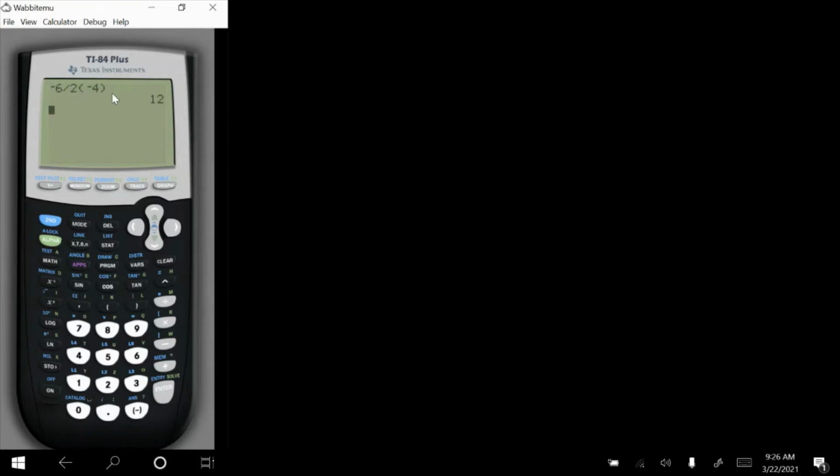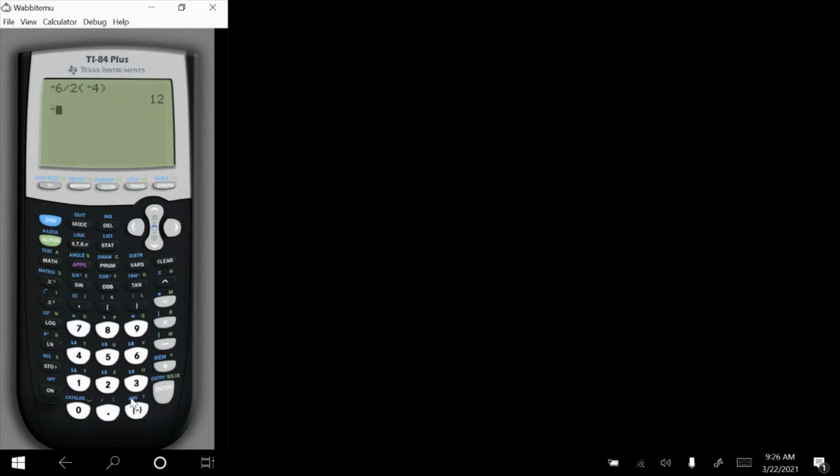So without an extra set of parentheses, your calculator is going to divide -6 by 2, and then multiply that result to -4. So it's doing behind the scenes -3 times -4, which is why you're seeing 12. 2 times -4 is all in the denominator, but the way it's typed out here, the calculator doesn't realize that.